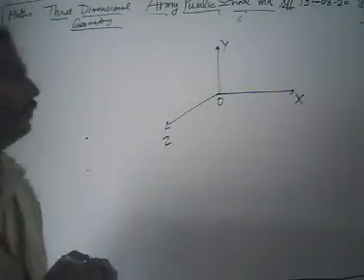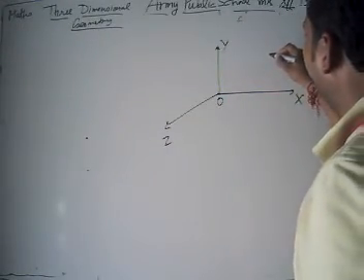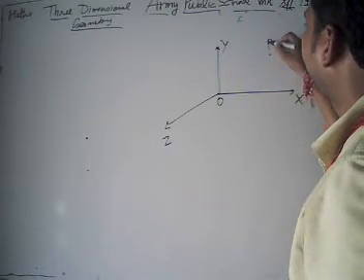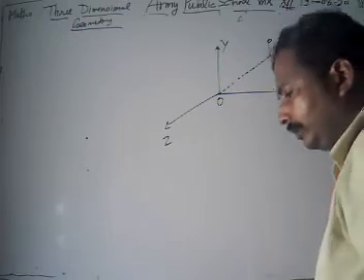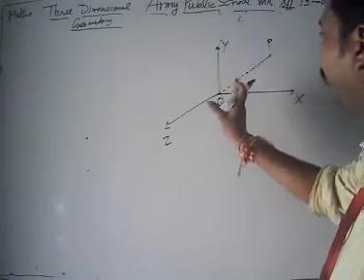Now just suppose we have a point P in space, joining OP. Suppose it is our vector OP.